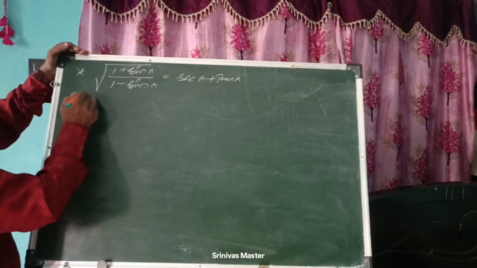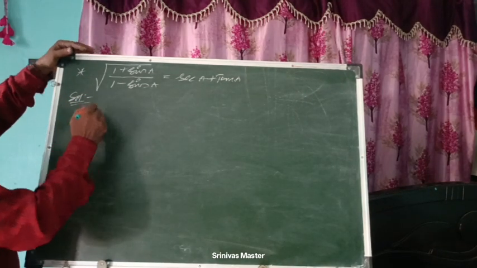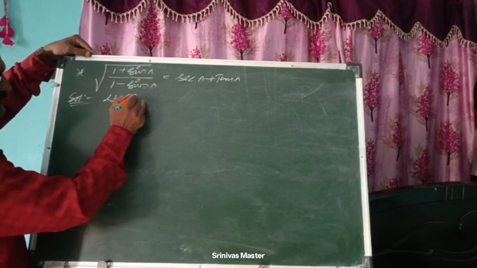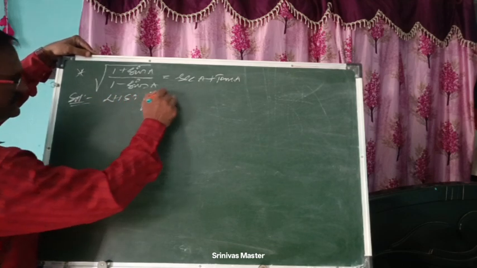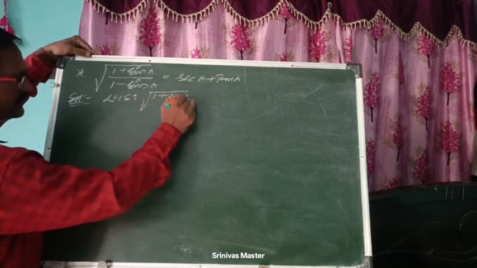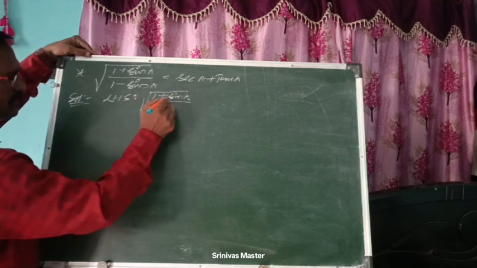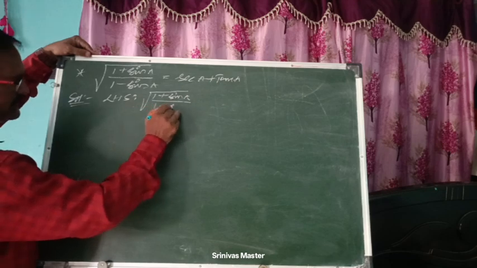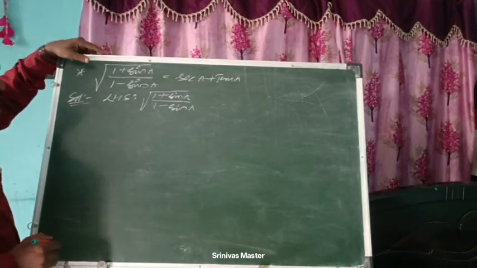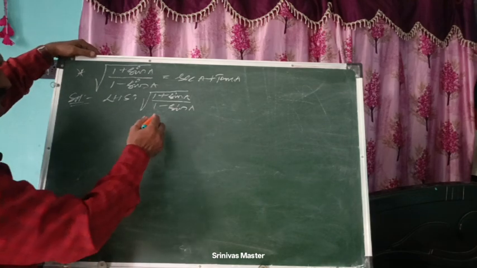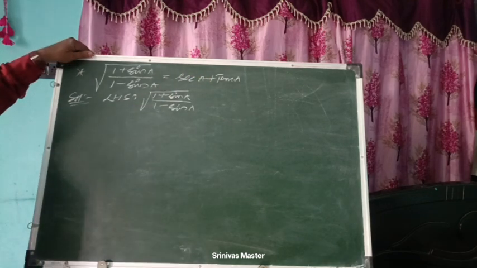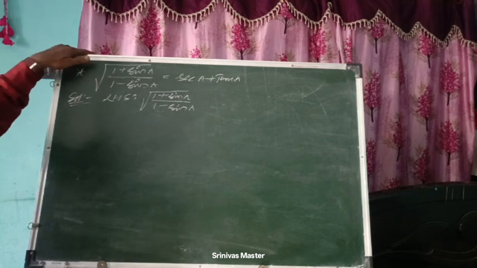So when you are doing that solution, take this LHS. What is LHS, children? Square root of 1 plus sin A by 1 minus sin A. First, just observe the RHS, sec A plus tan A, that we have to prove.